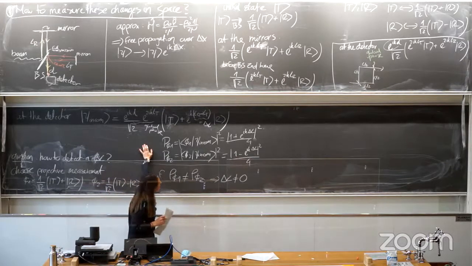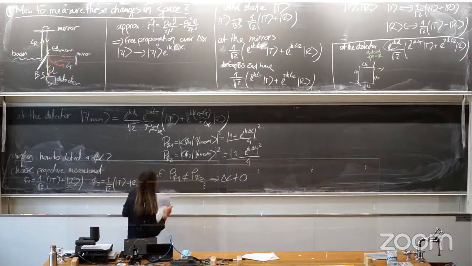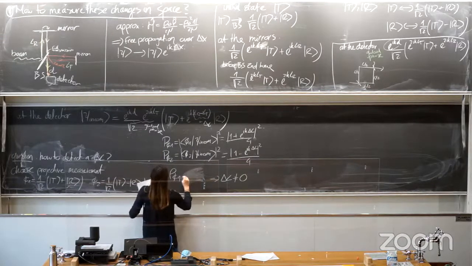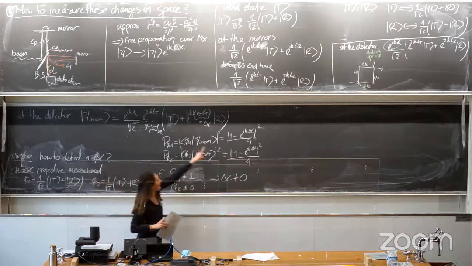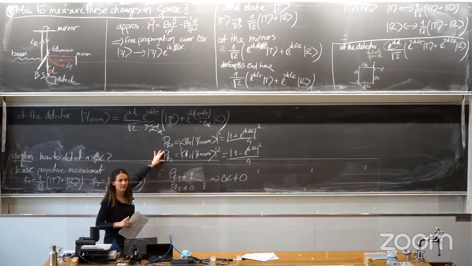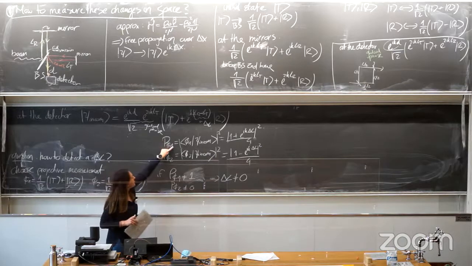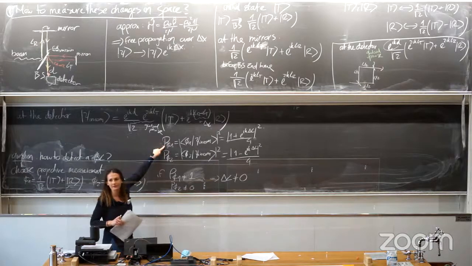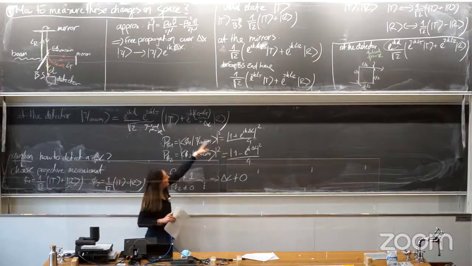What I'm telling you: if delta L is equal to 0, then phi 1 is equal to 1 and phi 2 is 0, because if we have delta L equal to 0, this gives me 1. So this measurement is exactly 0. So in all of the measurements, we will measure only a superposition with state phi 1. Is that clear or something missing? The idea is really putting in the values and seeing what we get.